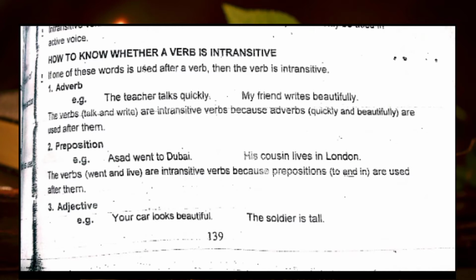Prepositions: Asad went to Dubai. His cousin lives in London. The verbs went and live are intransitive verbs because the prepositions to and in are used after them.